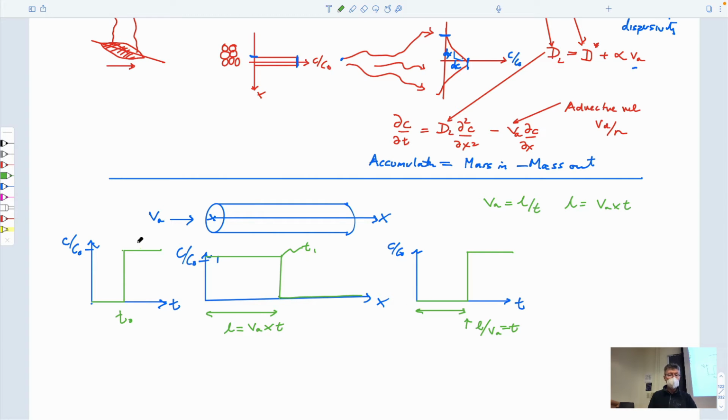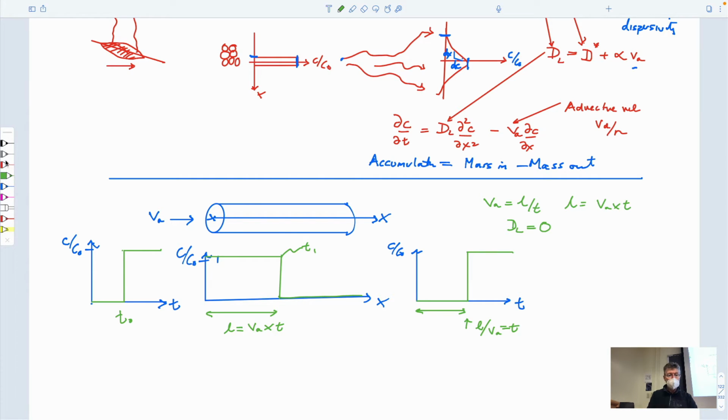When it breaks through. So this is the upstream boundary condition. This is what it looks like in the sample. This is what it looks like as it comes out the other end. And we can think about a couple of different things. So if the dispersion is equal to 0, then exactly the green curve comes out of it.